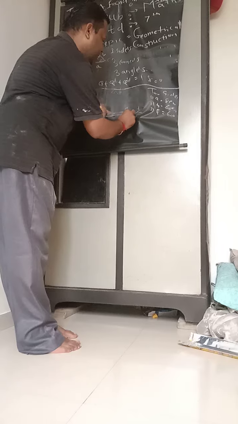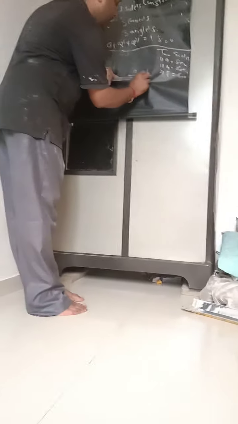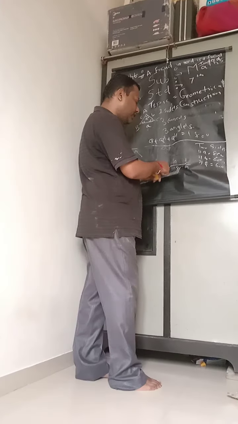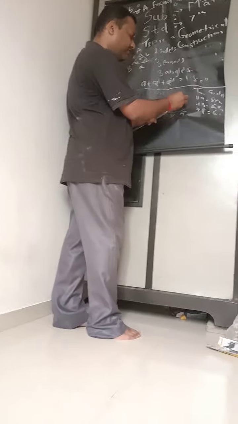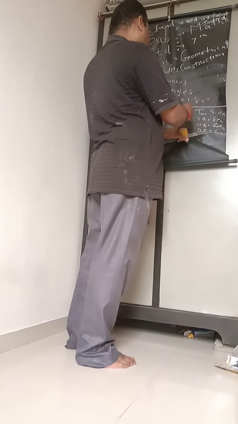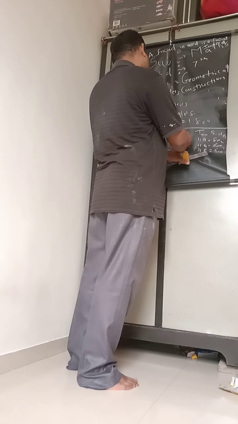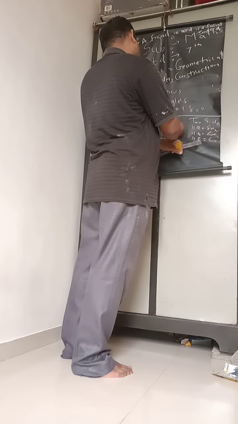When I place the protractor here, I get a point at 60, and when you place the protractor at the other end, I get the same point.